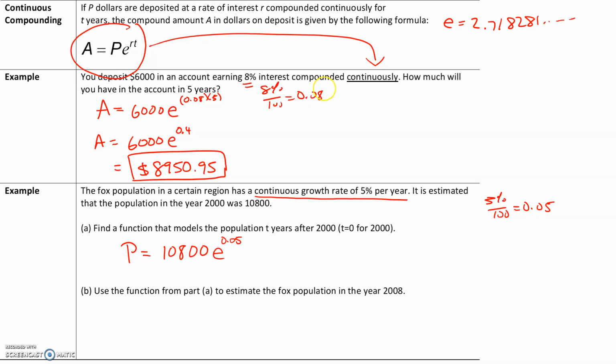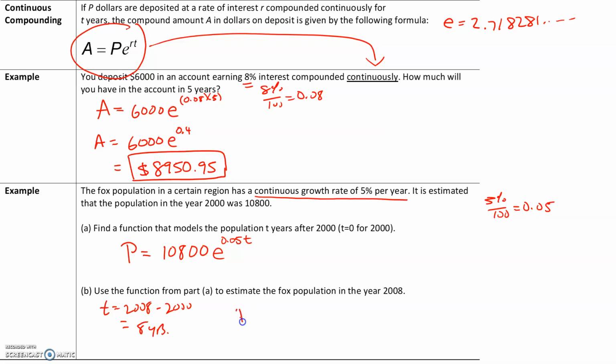Then we want a generic model, so I'm going to leave t for time, and that'll be the function that models the population t years after 2000. Now, part B says use the function to estimate the population in 2008. In 2008, how many years have passed since 2000? Well, t is 2008 minus 2000, which is 8 years.